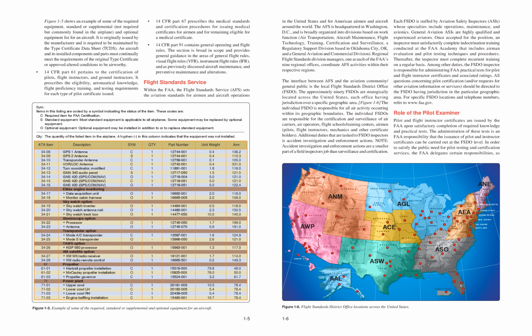WASHINGTON, OREGON, NEVADA, AWP, CALIFORNIA, Hawaii, MONTANA, NORTHDAKOTA, MINNESOTA, ANM, IDAHO, SOUTHDAKOTA, WISCONSIN, AGL, WYOMING, MICHIGAN, UTAH.